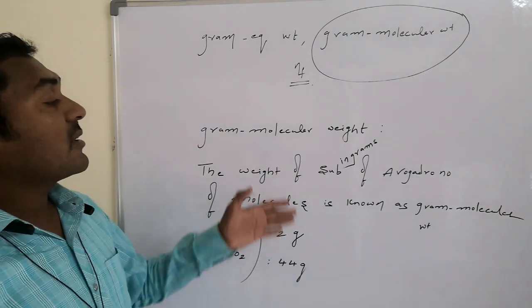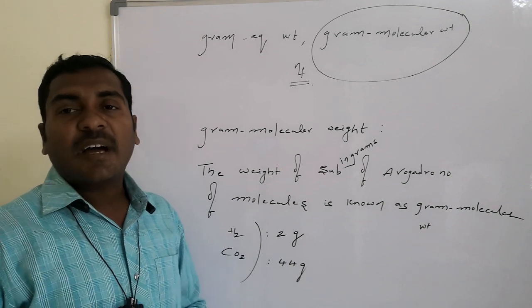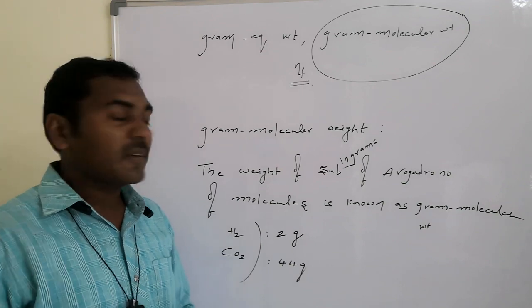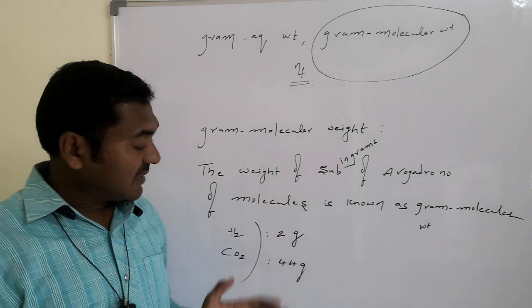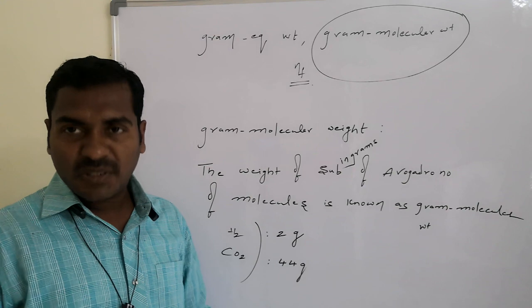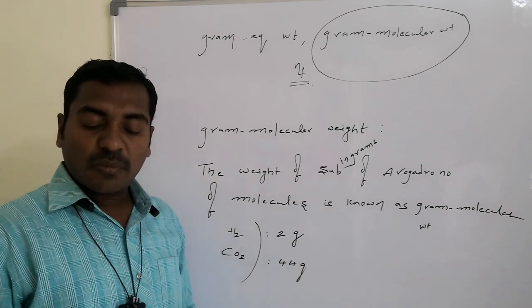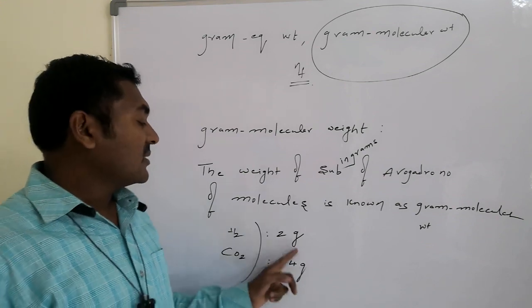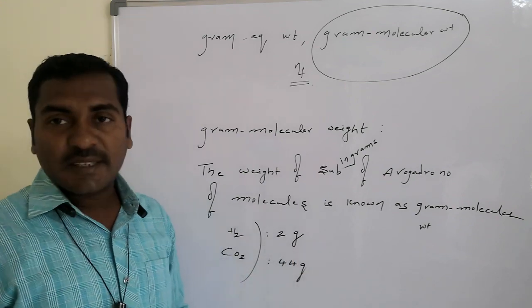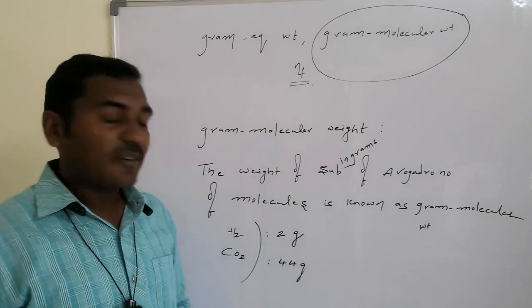Thus, gram molecular weight is the weight of a substance in grams for the Avogadro number of molecules of the given compound. Generally, it is represented with the unit grams. If there is no grams, that is said to be molecular weight.